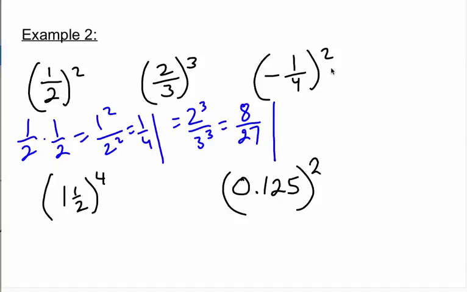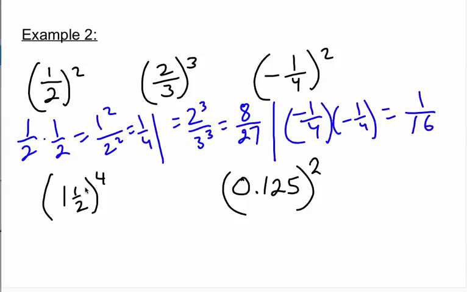Okay, and the next one, we've got negative a quarter squared. So that's negative a quarter times negative a quarter, which is positive 1 out of 4 times 4 is 16. Now this one is a mixed number, and it's almost always very much easier to change it to an improper fraction.